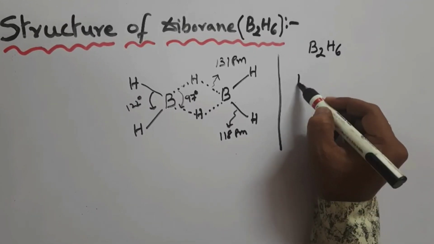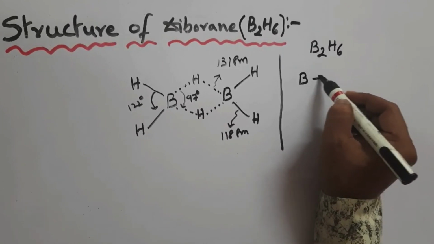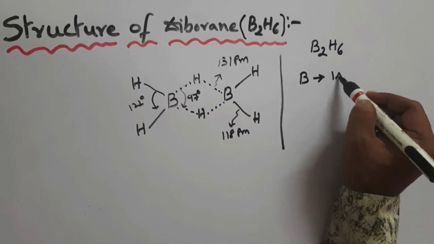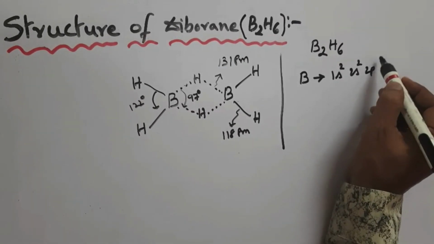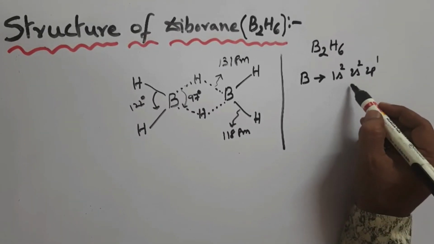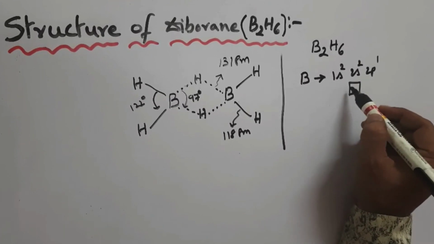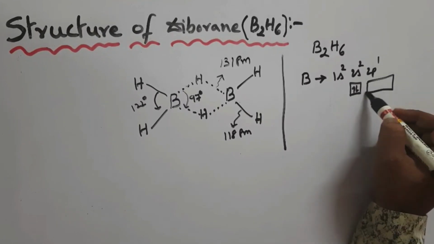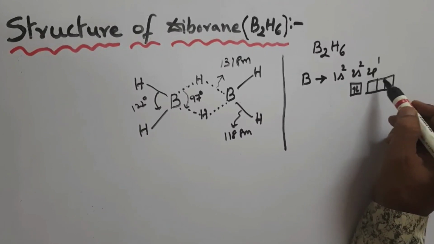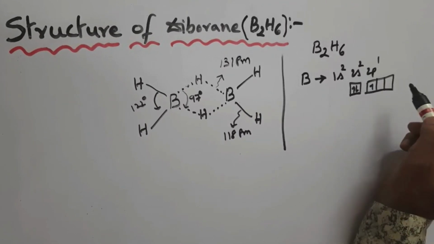The atomic number of boron is 5 and its electronic configuration is 1s2, 2s2, 2p1. If we write the box representation, it is 2s2 electrons like this, and 2px1, 2py0, 2pz0.